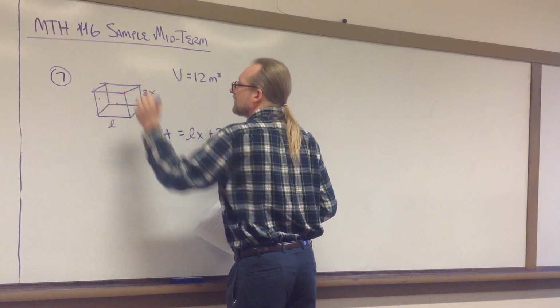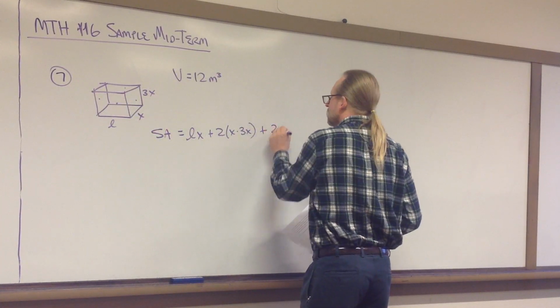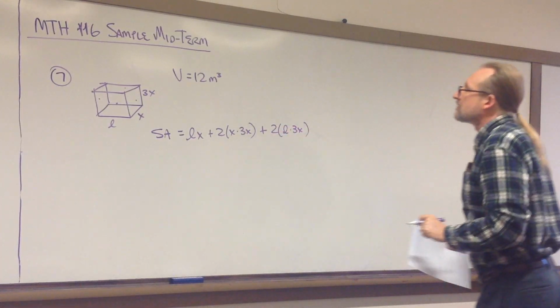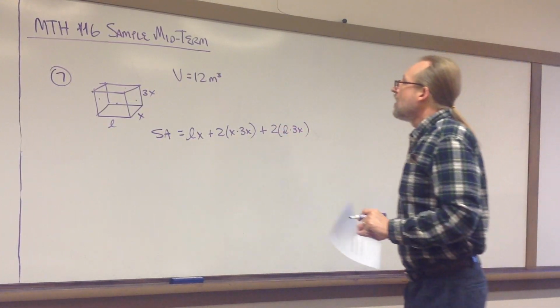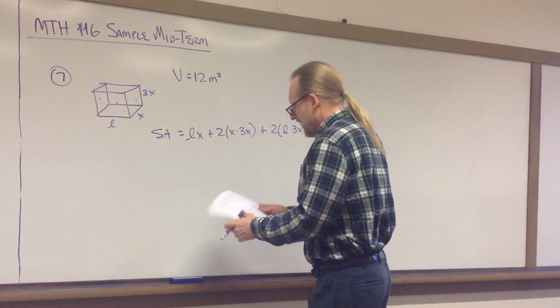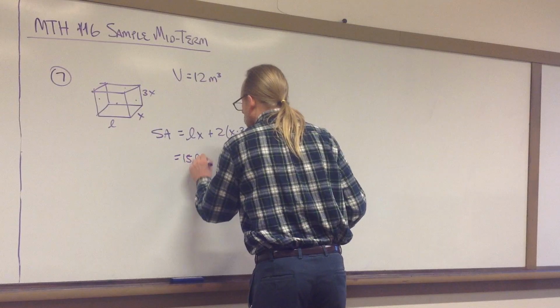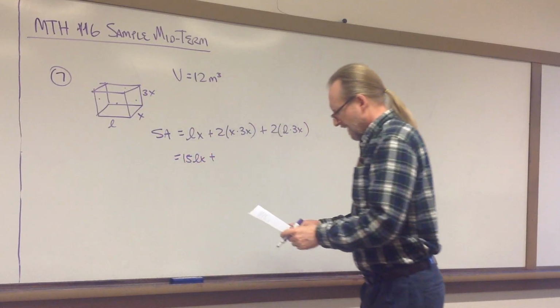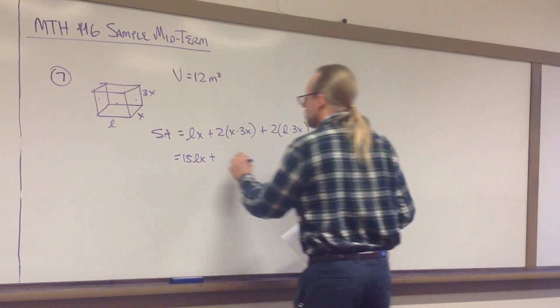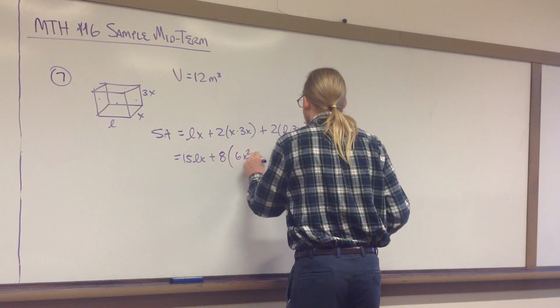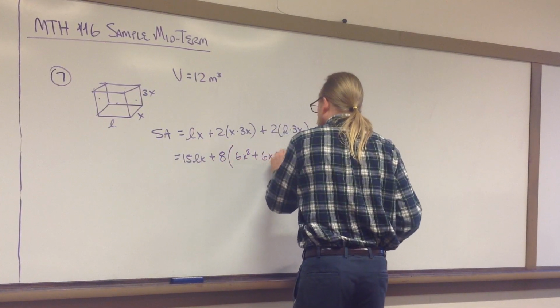And then the front and the back, 2 of those are L times 3x. Okay? The base is $15 per square meter. And then all of the sides are going to be 8. So this is going to be 6x squared, 6xL.